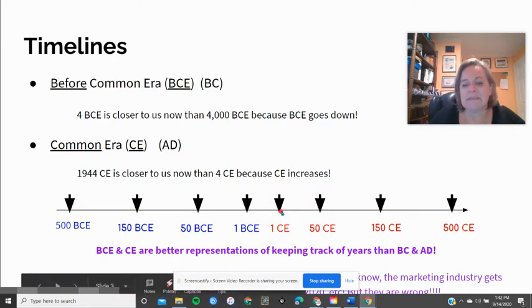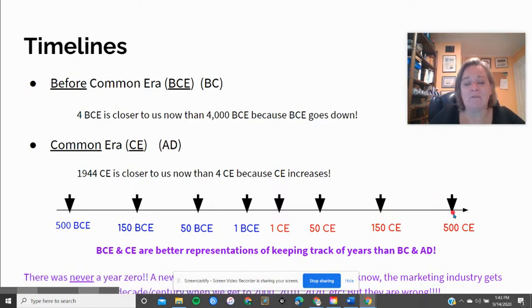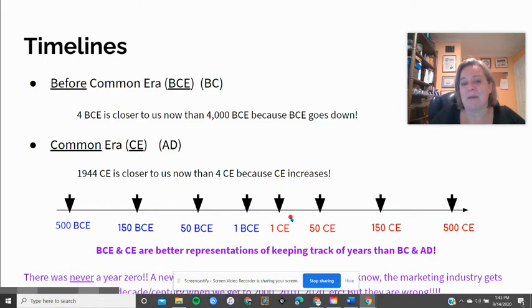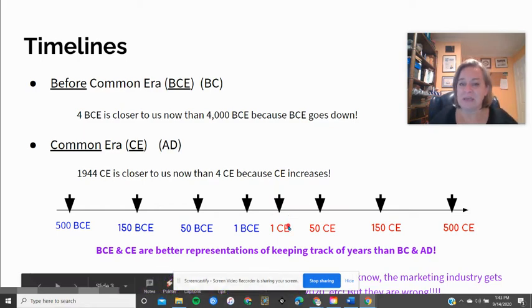And so 1 CE happened before 50 CE, which happened before 100 CE, or 150 CE, which happens before 500 CE. Right now, we're in the year 2020 CE, 2020 Common Era. So when you look at from now until 1 BCE, you've got 2020 years that happened between then. So that's how we go to count time.